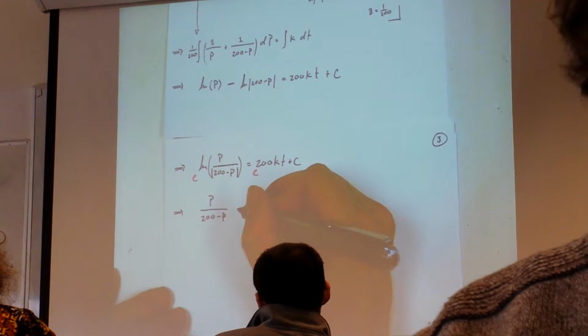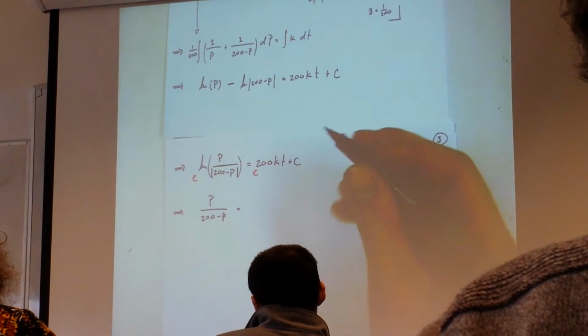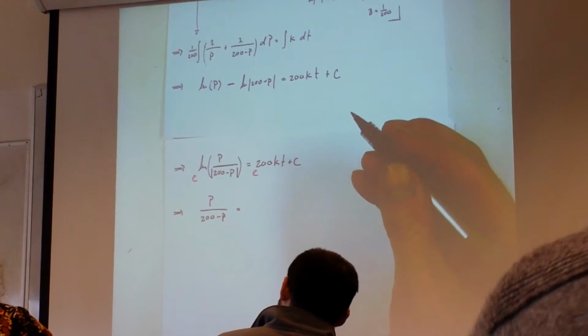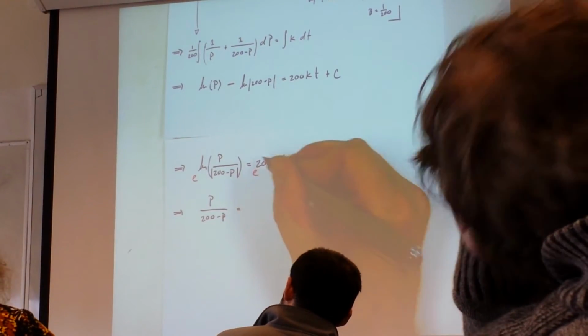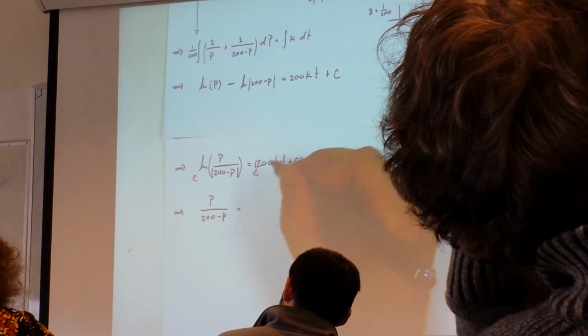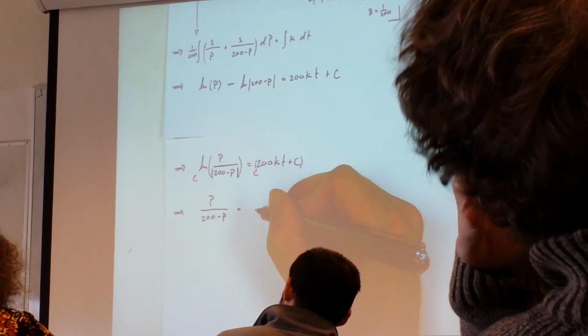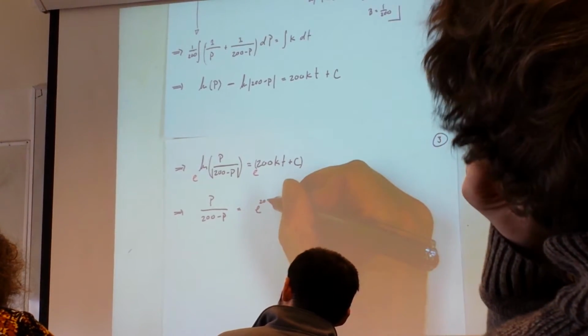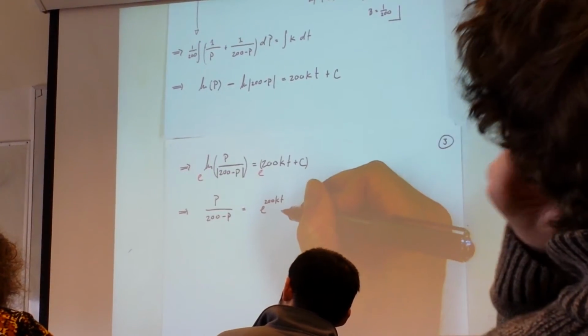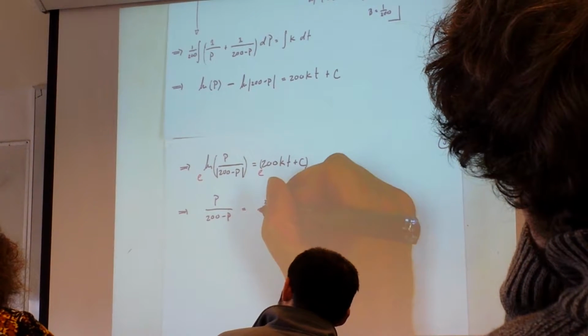All right. And over here, if I raise both sides, after raising this to e to that power, I'm going to get e to the 200 kt times e to the c, which I'm going to pull out and just call a.